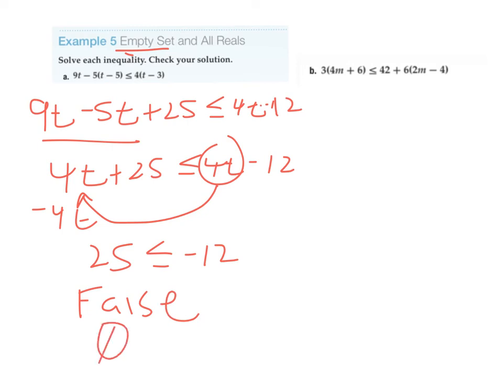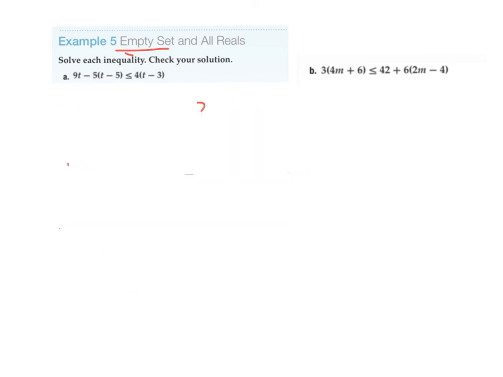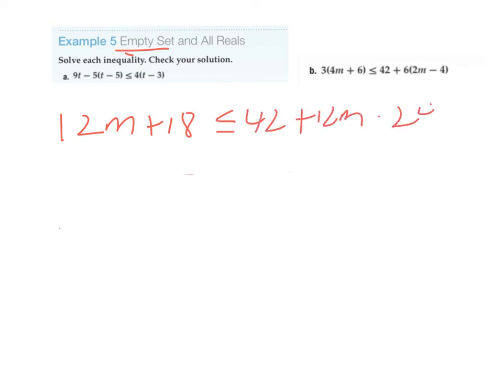Now if you look at this next problem, we distribute 3, we get 12m plus 18 less than or equal to 42. Let me do this all over again. Let's go 12m plus 18 less than or equal to 42 plus 12m minus 24.